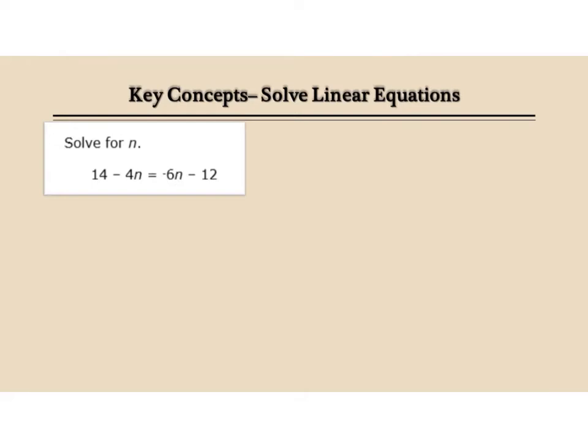So I'm going to look at my variables. I have -4n and I have -6n. Which one is smaller? -6n is smaller, so I'm going to use the inverse operation. The opposite of a -6 is a +6.